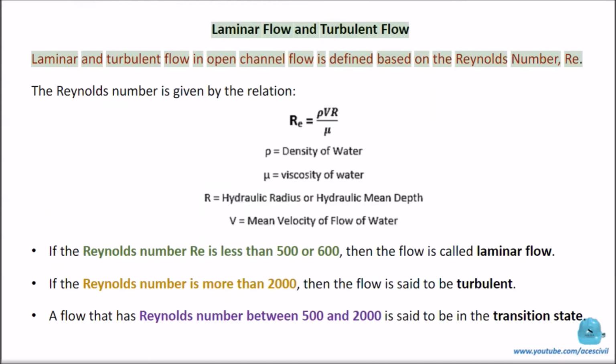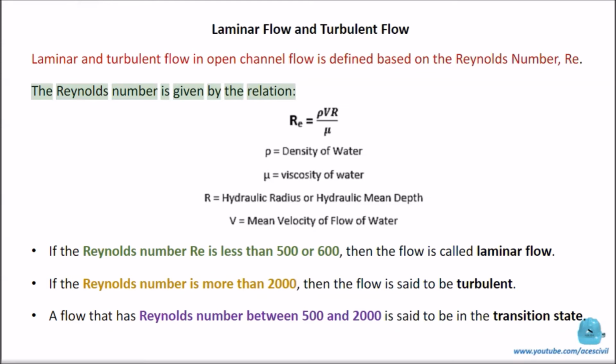Laminar flow and turbulent flow. Laminar and turbulent flow in open channel flow is defined based on the Reynolds number, Re. The Reynolds number is given by the relation. If the Reynolds number Re is less than 500 or 600, then the flow is called laminar flow.